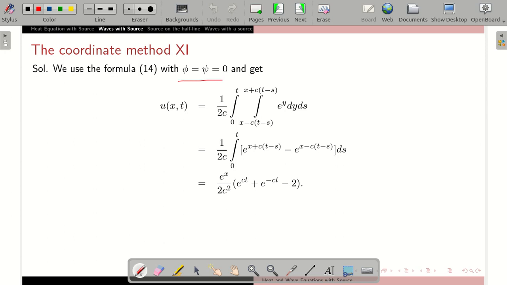Since phi and psi are 0, the solution of the homogeneous part will be 0, so the first two terms, which contain phi and psi, will cancel out. The last term is 1 by 2c, integral from 0 to t, of the integral from x minus c, t minus s, to x plus c, t minus s, of f y,s dy ds. So 0 to t, exponential of x plus c, t minus s, minus exponential of x minus c, t minus s. So just evaluate the integral, and this is the final value.